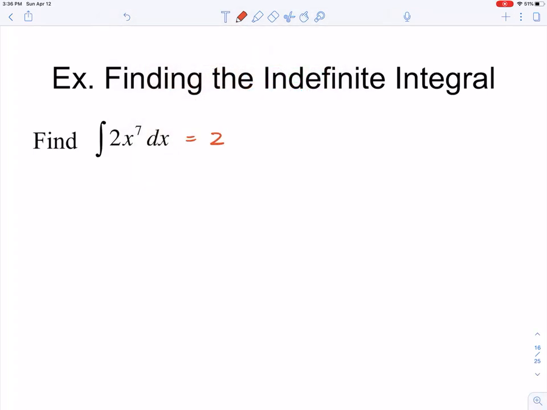Okay, so let's work through a few examples now that we've gone over some of the basic rules. So here we could pull out the 2. And we're using power rule for integration, so I'm going to take the exponent and add 1 to it.